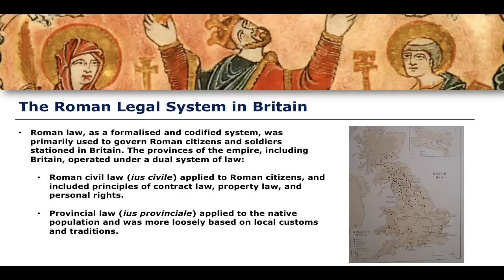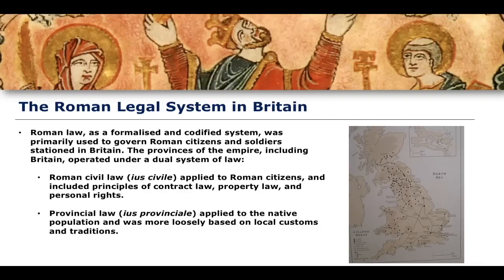So the system of law that was applicable when the Romans had control of Britain was a system of law which was divided between the civil law itself, which applied to Roman citizens that were stationed in Britain, and then the provincial law, which would apply to native populations.